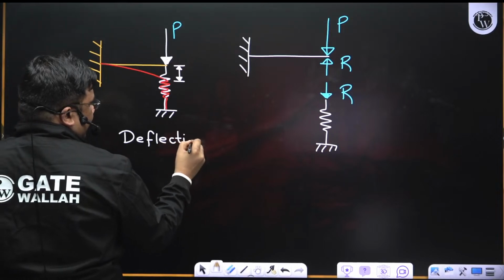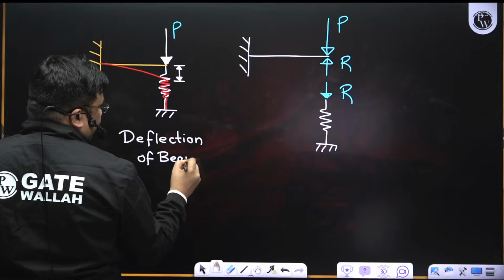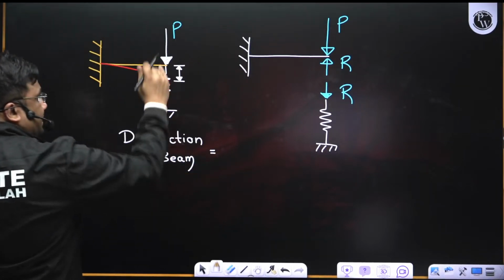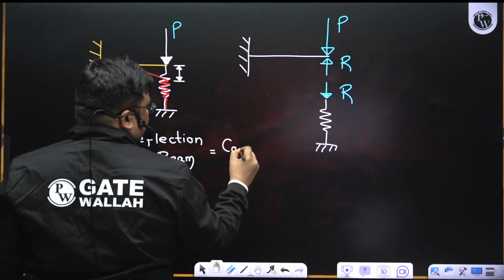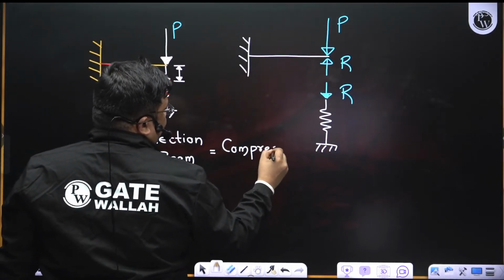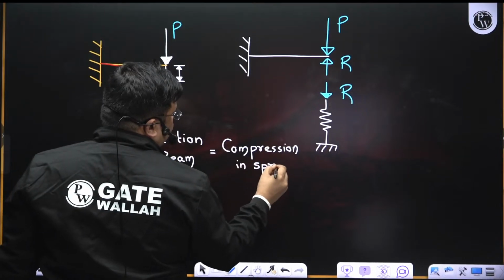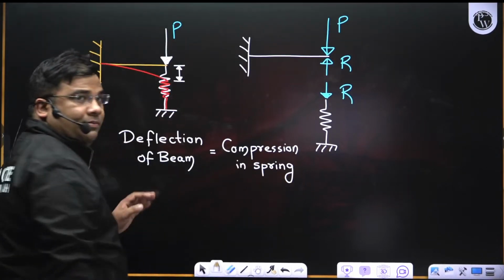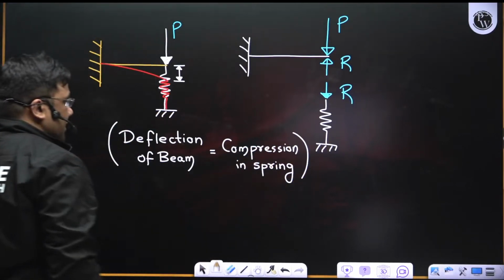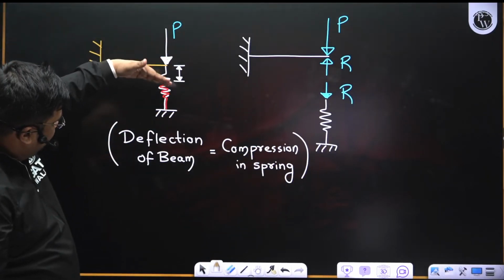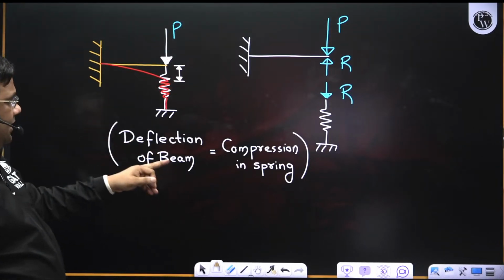This is the deflection of the beam. This deflection of the beam is equal to what? The compression of the spring. Yes, the deflection of the beam is equal to the compression in the spring. This is a very important concept which we use while solving questions of deflection and springs: the deflection of the beam is equal to the amount of compression in the spring.